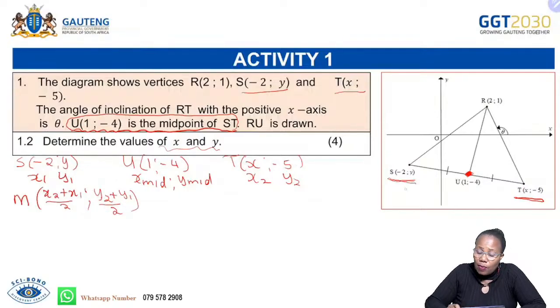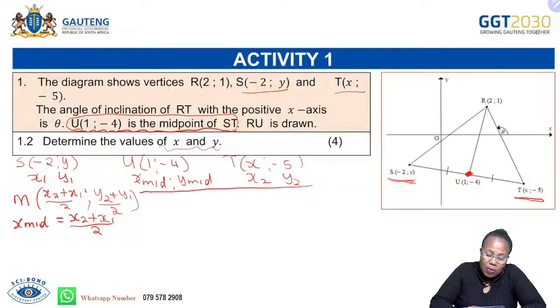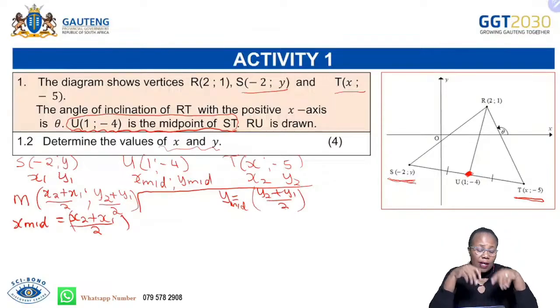In this case we need the x value and the y value, so please separate this: x midpoint equals x2 plus x1 over 2, and y midpoint equals y2 plus y1 over 2. Separately, great job. This will work for you, because if you try to substitute everything into that formula, you'll never win.